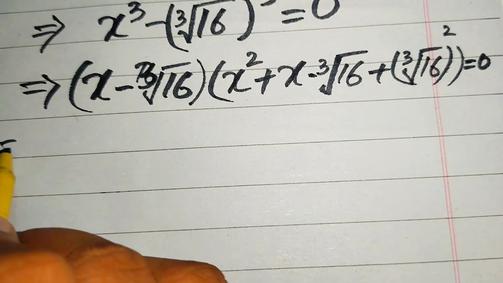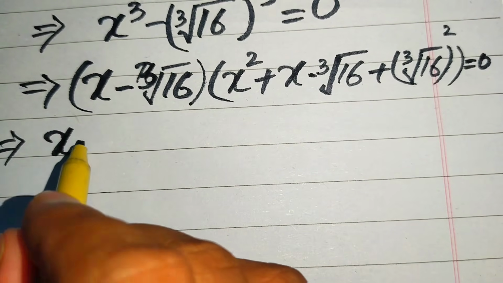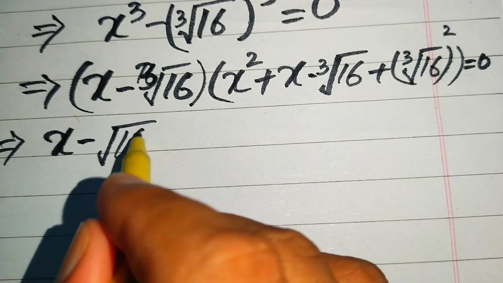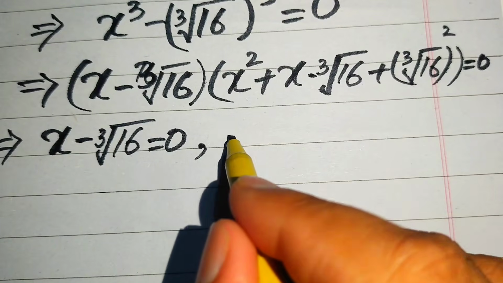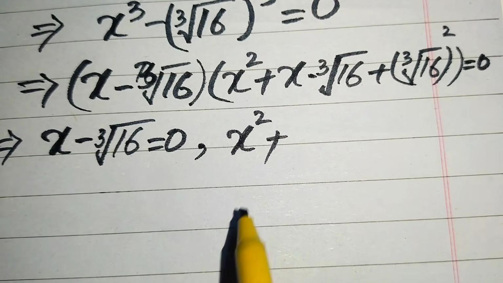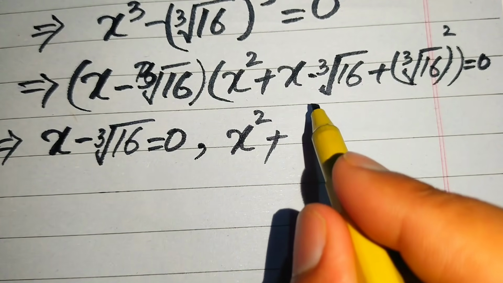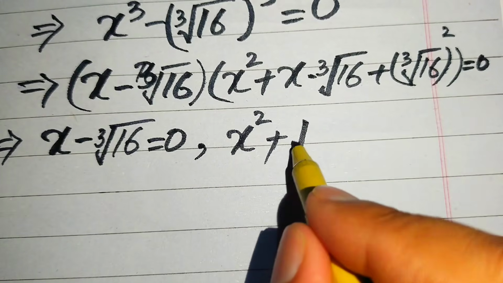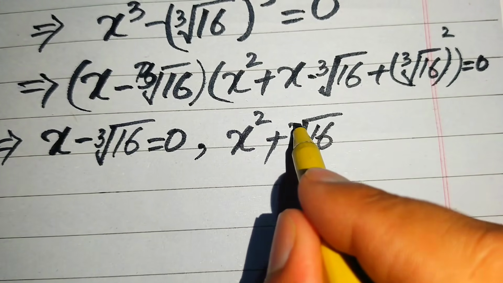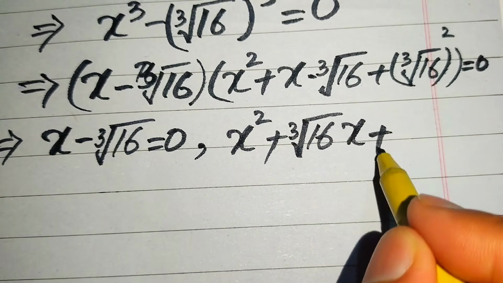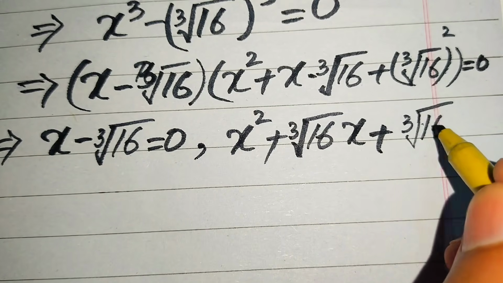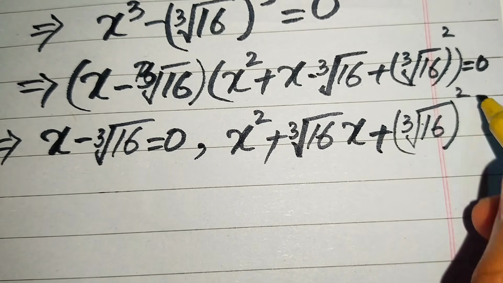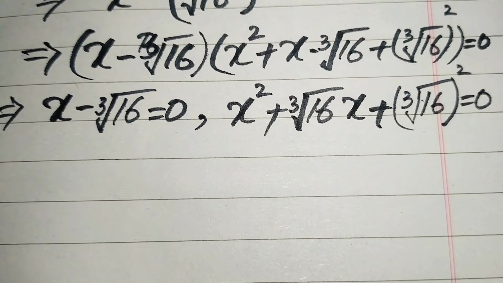Now we divide this equation into two cases. The first case is x minus the cube root of 16 is equal to 0, and the second case is x squared plus the cube root of 16 times x plus the cube root of 16 whole squared is equal to 0.